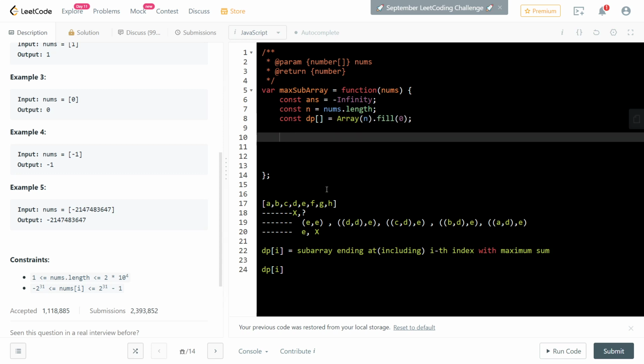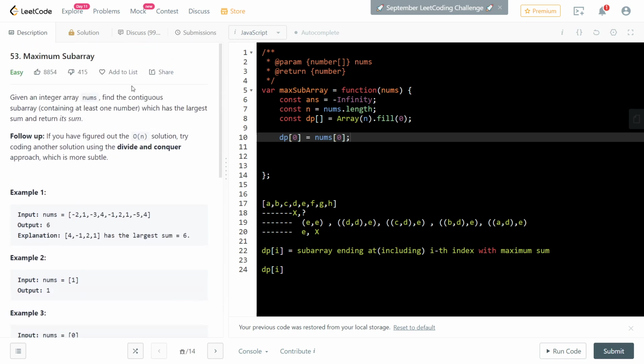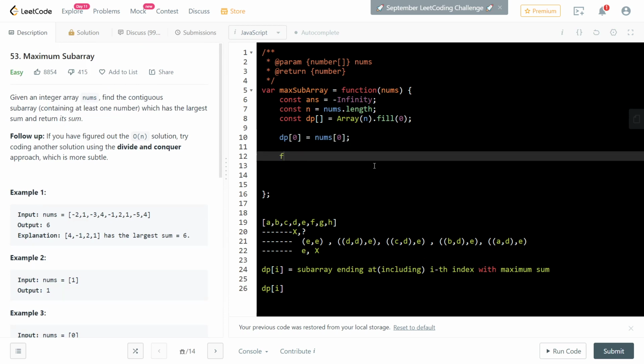As we know that there will always be at least one element, we can just do this, because we know that the first element will always be there. So what will be the solution ending at the first element? It will actually be the first element itself, because you need to have at least one element, right? So for the first element, dp0 will be num0. Now we can start.